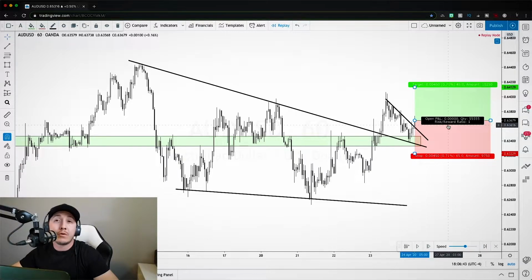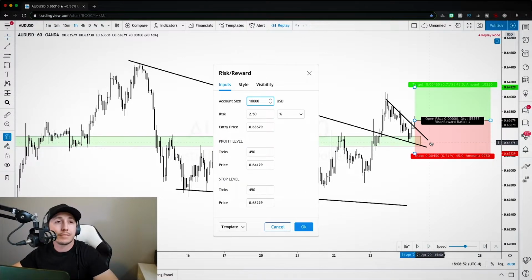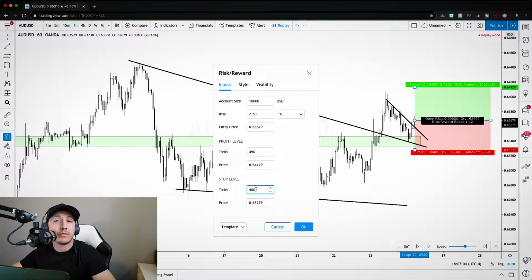First thing we're going to want to look at is our stop loss. Where do we want to place our stop loss? Well, we're going to want it to be below this level somewhere. So that's going to be roughly 40 pips. These are pipettes. So there's 400 of them, but 40 pips, right?